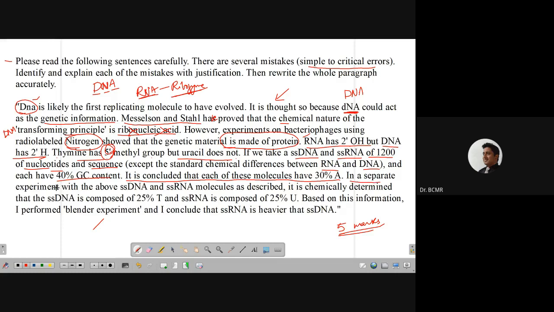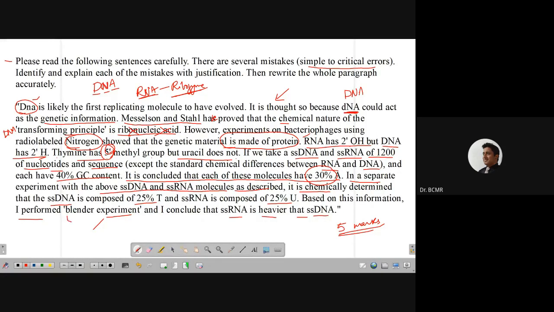In a separate experiment with single-stranded DNA and single-stranded RNA, we said single-stranded, so this is unlikely, right? We don't know. We cannot be sure about it. And as described, it is chemically determined that ssDNA is composed of 25% T, and ssRNA is composed of 25% U. Based on this information, I performed a blender experiment, and I conclude that ssRNA is heavier than ssDNA.